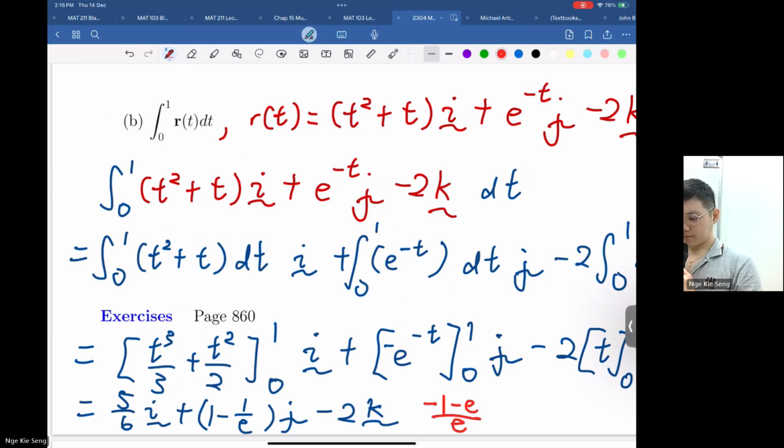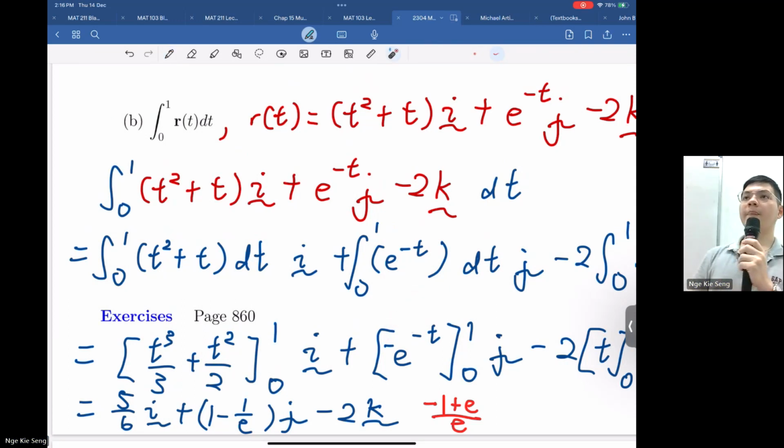What do the others get? Minus minus plus, right? So minus 1 plus e over e. Minus minus plus. Has everyone got this for the second coordinate? Third coordinate? Everyone should get the same.